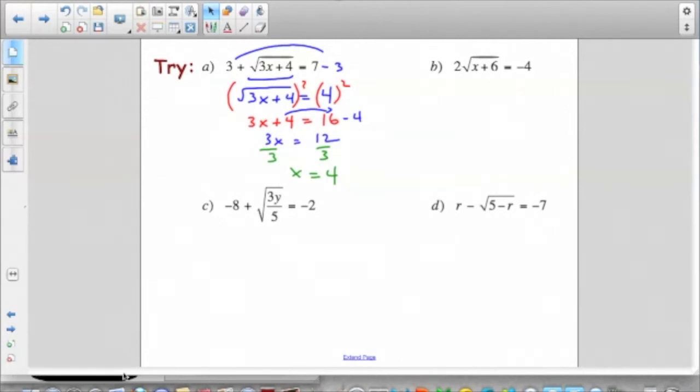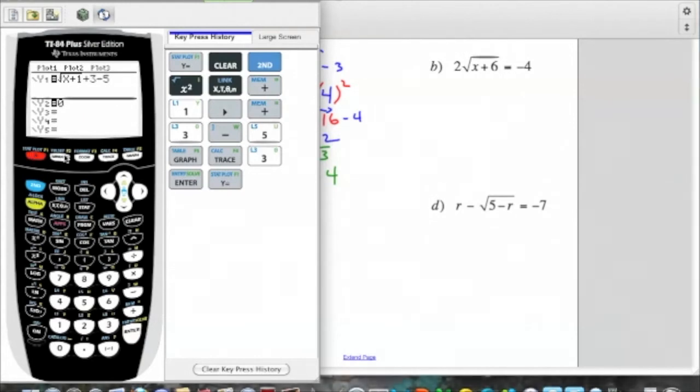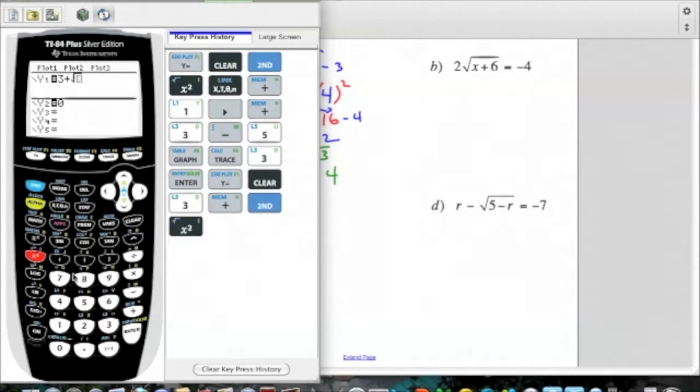So now we go to our calculator, go to our y equals. Now we are going to type in, so let's clear that. We are going to type in the equation. So it's 3 plus second square root 3x plus 4, and get out of the radical, and move that 7 over to the side so it becomes a minus 7.